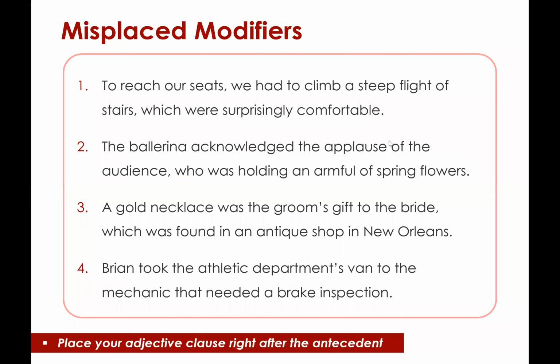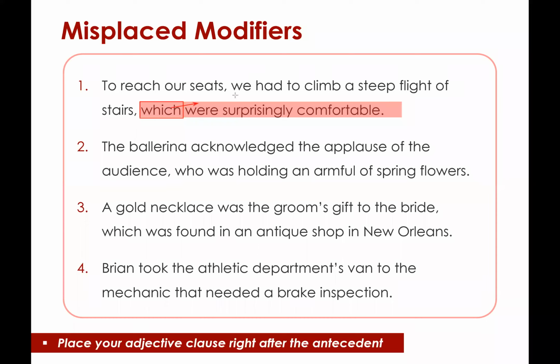Even though there's a big chunk of information, it only serves one function, the same function as a part of speech. All right, so in the example sentences here, we have misplaced modifiers, which means a modifier that is placed in the wrong location. So for number one, to reach our seats, we had to climb a steep flight of stairs, which were surprisingly comfortable. So we can see that which is a relative pronoun, but what would be comfortable? It should be seats.